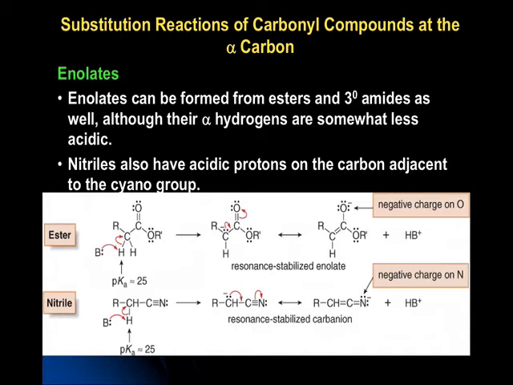We can also remove the hydrogens from nitriles. That's not a carbonyl, but remember it belongs in the same family because of the oxidation state of that carbon. The pKa's of these hydrogens are about 25. Now wait a second, we just said that a ketone is about 19. Why would an ester all of a sudden go up to 25?